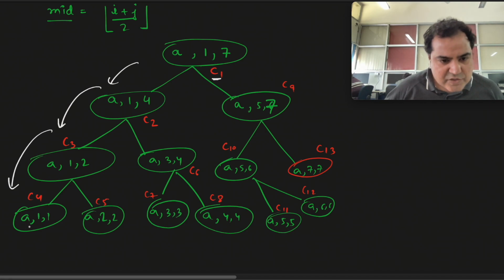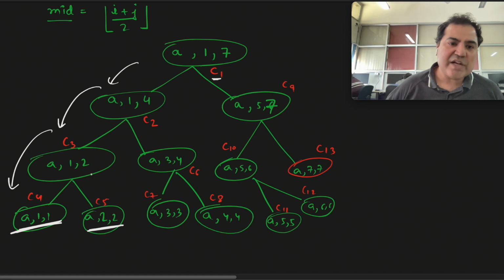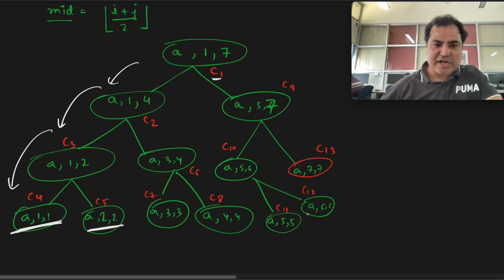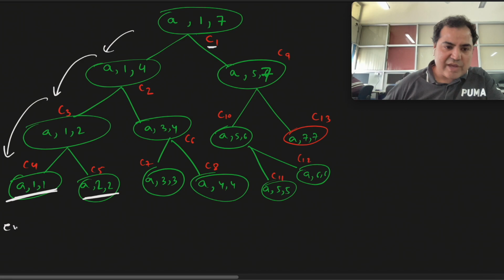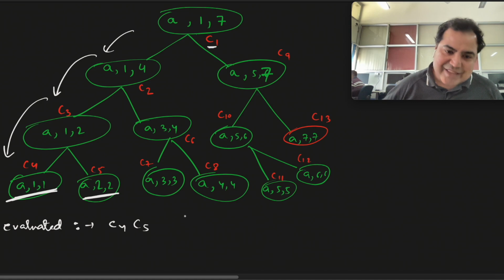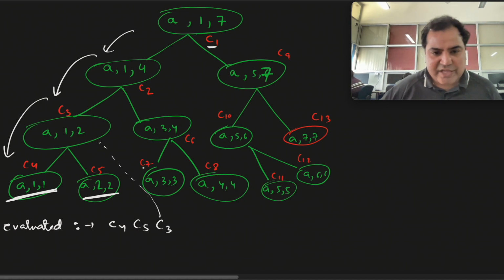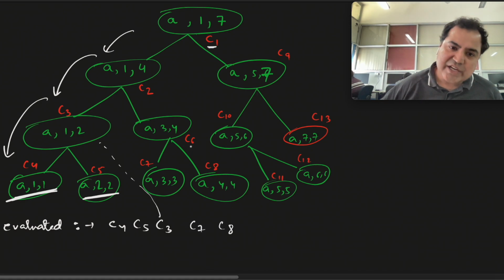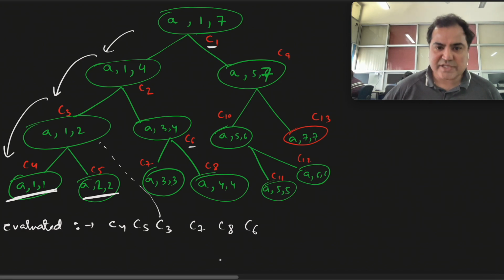First C4 will get evaluated, then C5 will get evaluated, and when both of these are evaluated, then C3 will get evaluated, giving us C3 as an output, right? Then C7 will get evaluated, C8 will get evaluated, and in turn we will get C6, right?